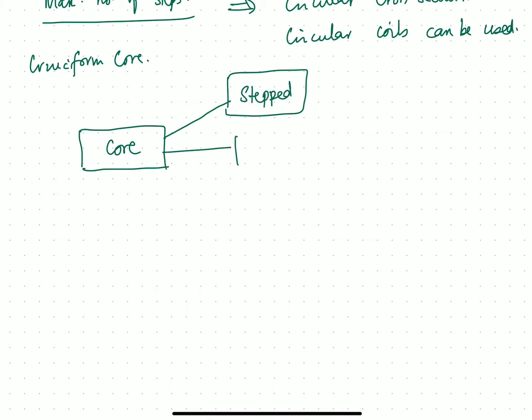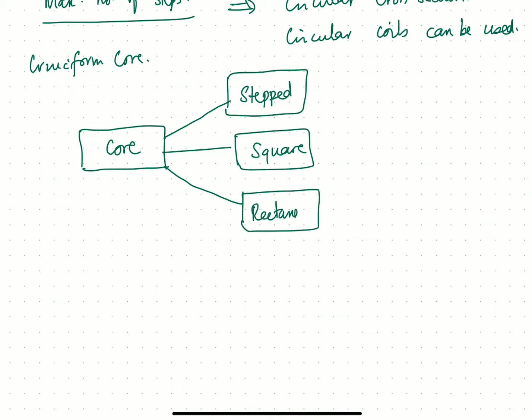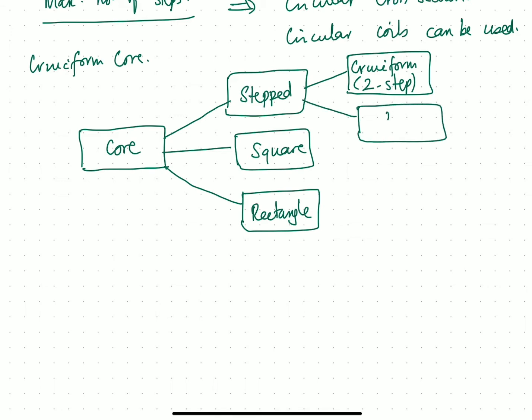It can be a square core, it can be a rectangular core, or it can be a stepped core. The stepped core could be cruciform, two step, three step, or four step core, right?